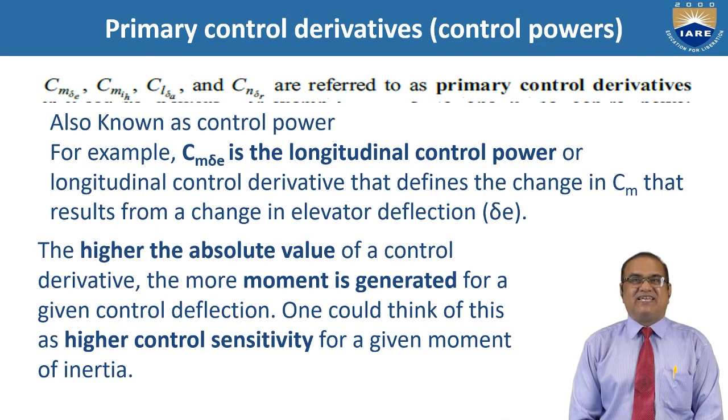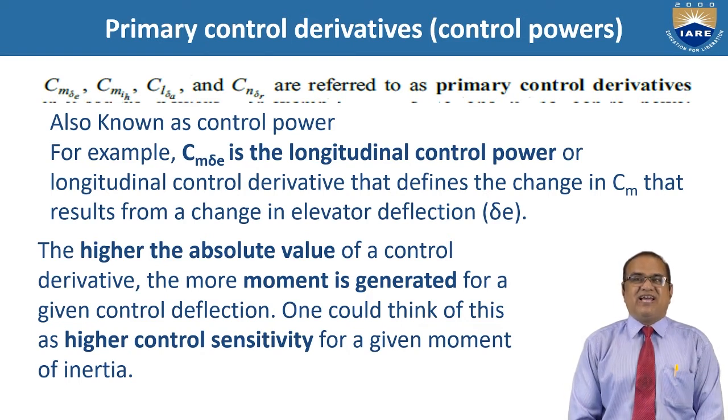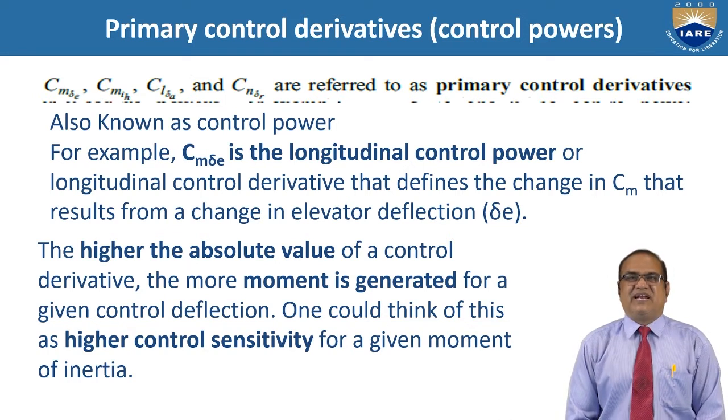This Cm delta E, the first derivative, is called the longitudinal control power or longitudinal control derivative, that defines the change in coefficient of pitching moment that results from a change in elevator deflection delta E. In the same way, Cmih, Cl delta A and Cn delta R can be defined.